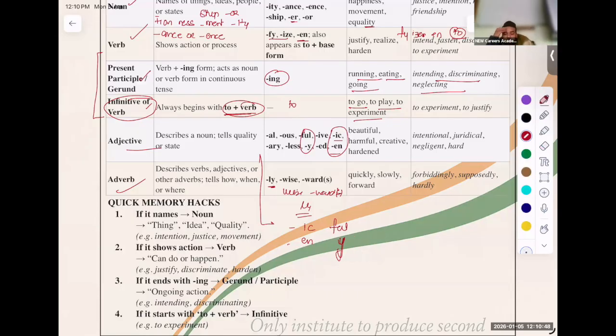IC engines have fully halved. Just remember: IC engines have fully halved. Can you remember it like that? Halved. Six are done.